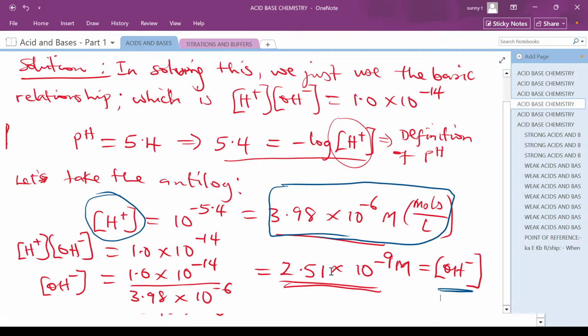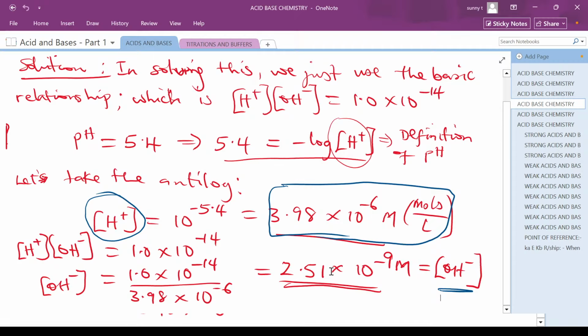How did you get raised to power minus 4? How does it go from minus 14 to minus 6?